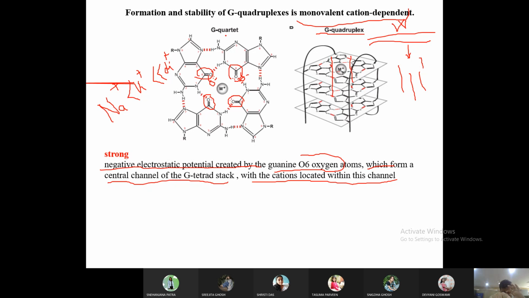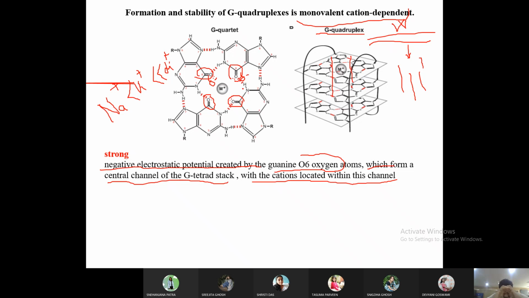So what happens is that in this channel we put these monovalent metal ions, kept 1, 2, 3 like that. This monovalent cation is positively charged. There is no water inside. They feel tremendous attraction from four sides from these four partially negative oxygens, and due to this attraction, the entire structure stays closely attached to each other.